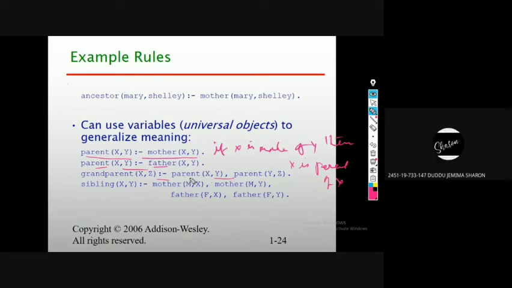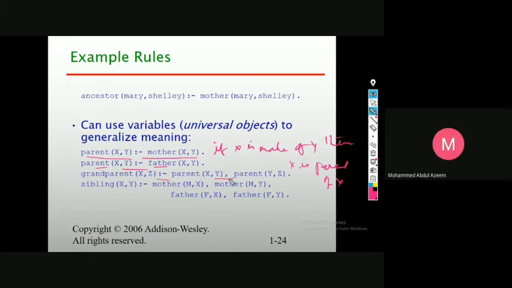If X is parent of Y, and here what you should say, and Y is parent of Z, then what you say? Then X is the grandparent of Z. Okay, so this is how you're going to pronounce it, right?